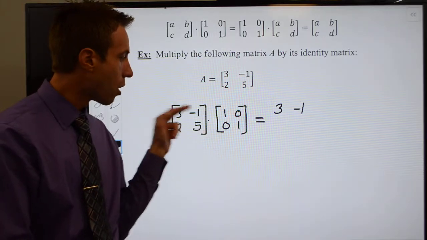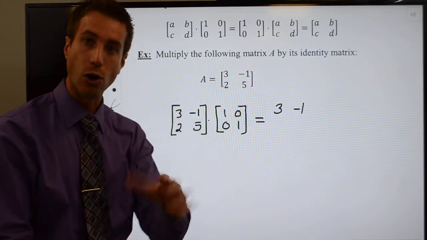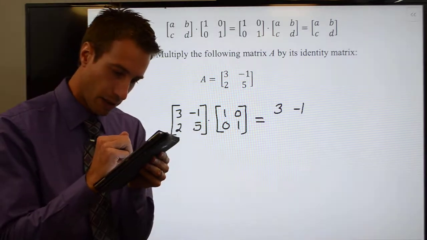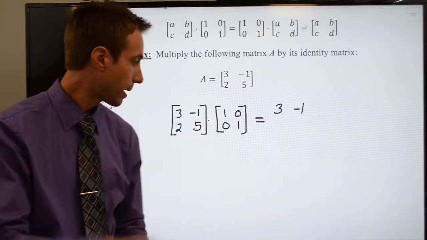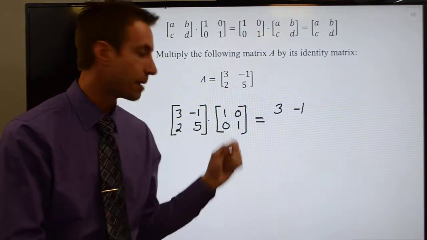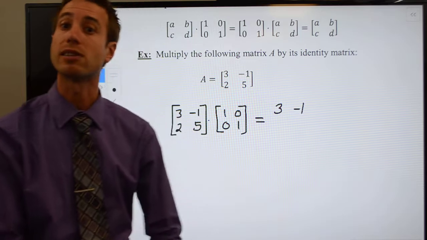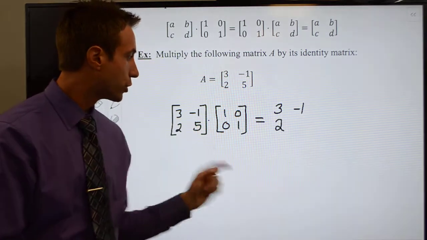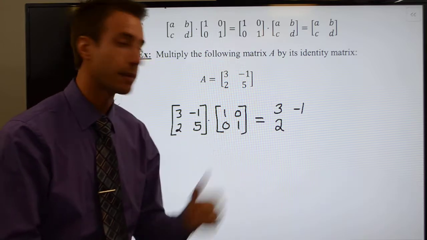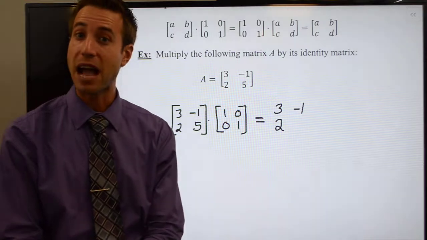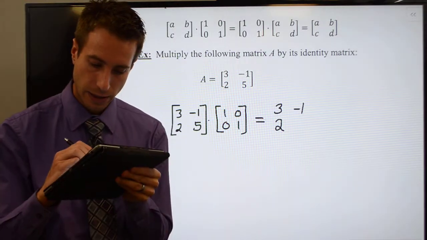I've now done row 1 and both columns, so now we switch rows. Row 2, column 1: sorry, that should be a 5. 2 times 1 is 2. 5 times 0 is 0, and 2 plus 0 is 2. Row 2, column 2: 2 times 0 is 0. 5 times 1 is 5, and 0 plus 5 is 5.